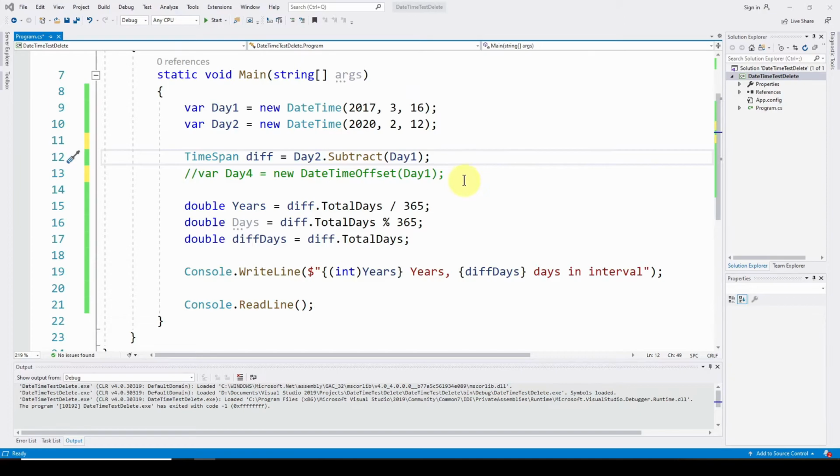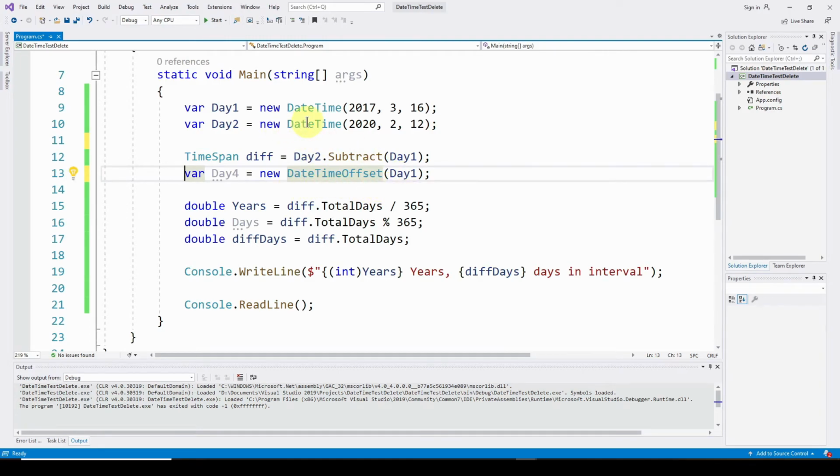So to recognize this challenge with time zones and having a uniform reference, in .NET and C# they have introduced DateTimeOffset. That functionality is aware of time zones, and it's aware of UTC, or what used to be called Greenwich Mean Time. So I'm going to uncomment this, and you can see it's very much like the others.